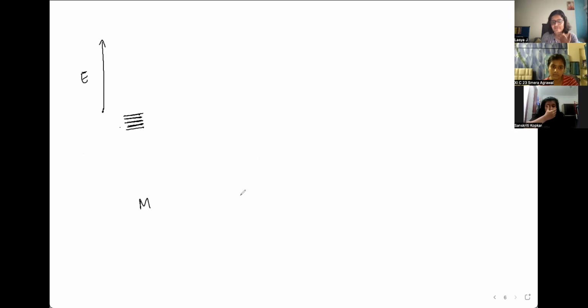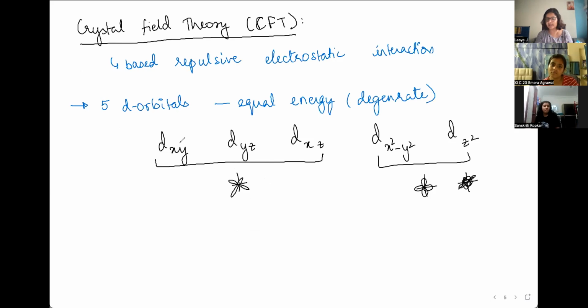Now, if I surround this metal atom by a negative charge, but that particular negative charge is equal in all the directions. Like imagine I'm surrounding it by a sphere of negative charge. Then the orbitals, these are electronic orbitals, there are electrons present in them, right?